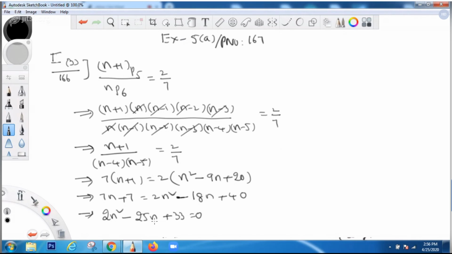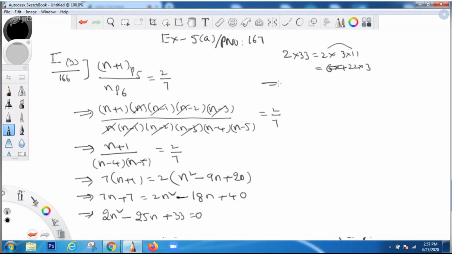What are the factors? 22 into 3. So 2 into 33 is 2 into 3 into 11, which is 6 into 11, or 22 into 3. Let us take 22 into 3. 22 plus 3 is 25.